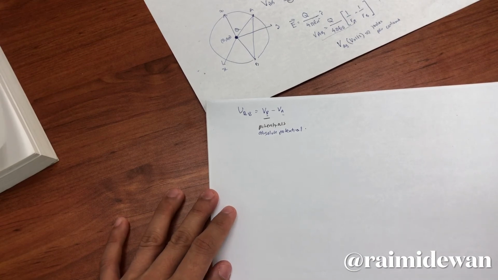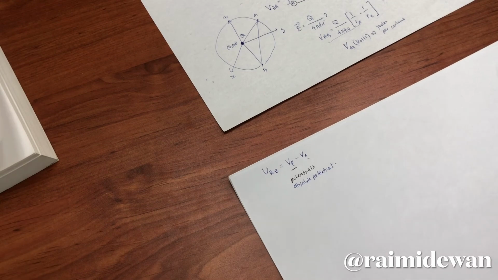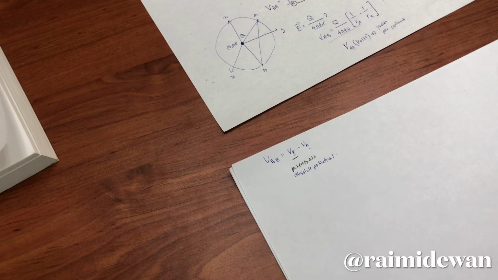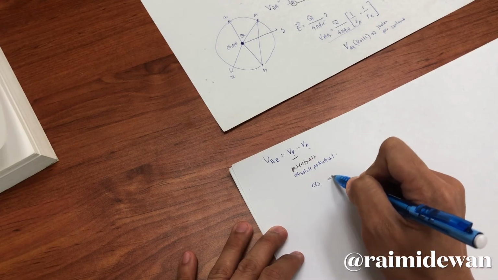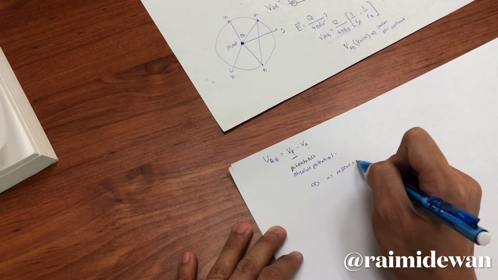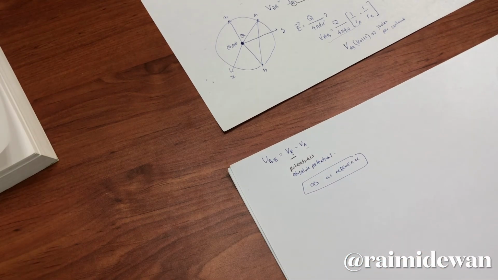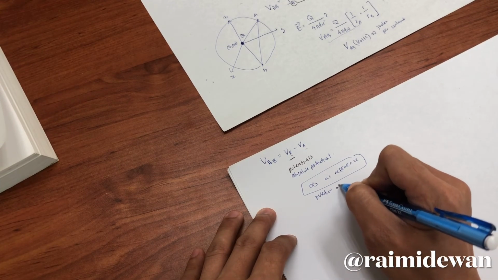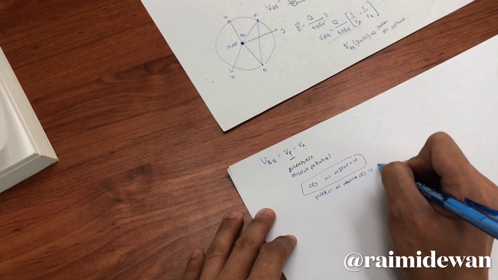So for potential, when we do a calculation, we will use a reference. It is common to choose infinity as a reference. Here, we may make the assumption that the potential at infinity is 0.